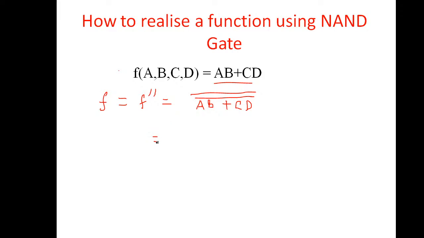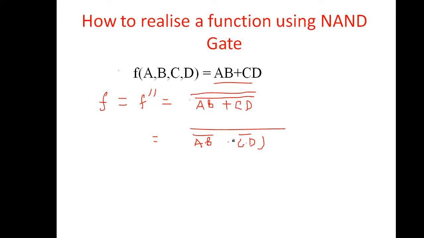Now you apply De Morgan's law. Which bar am I interested in breaking? The lower bar, right? The upper one you keep intact. So the upper bar you keep intact, but the lower bar you break, giving a dot b whole bar, dot c dot d bar, right?